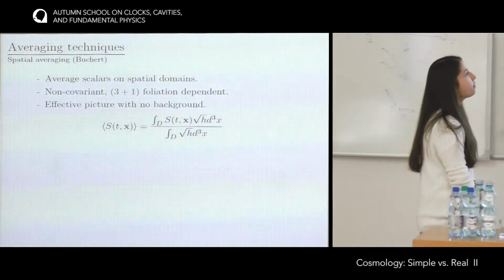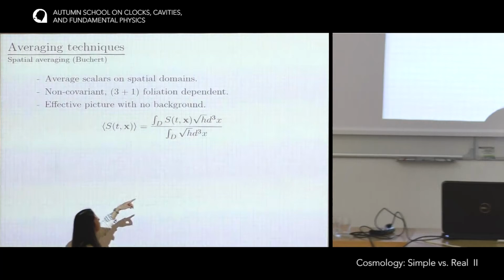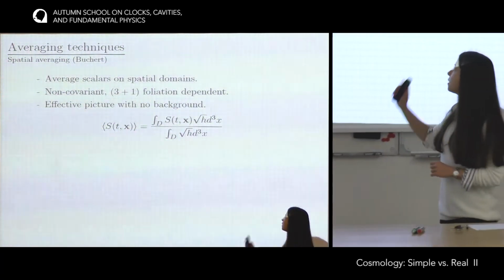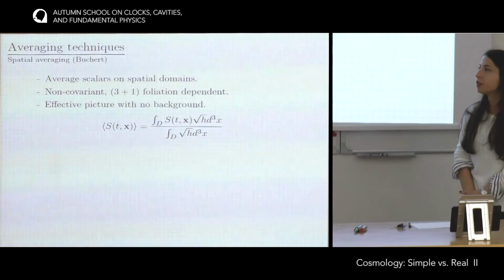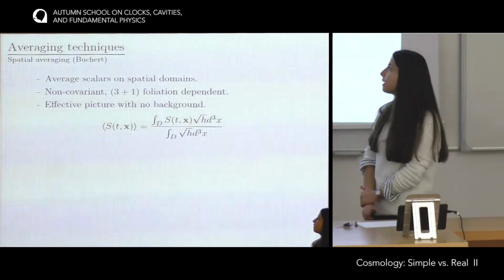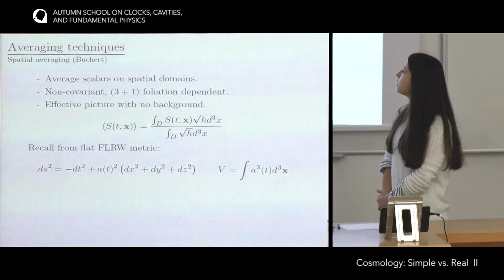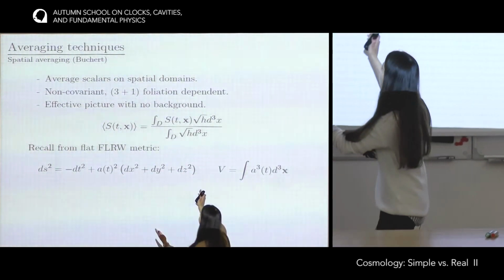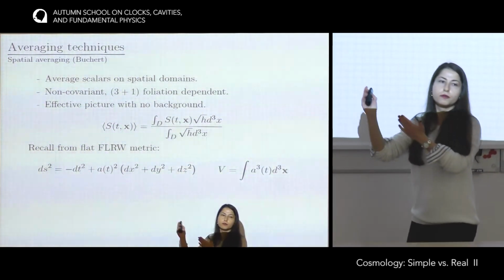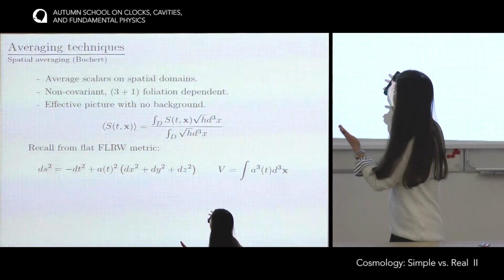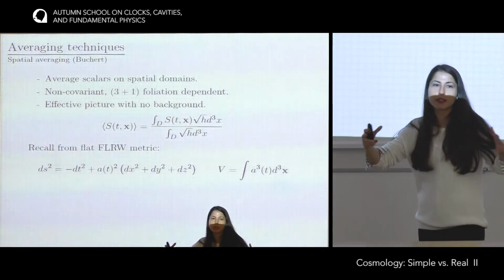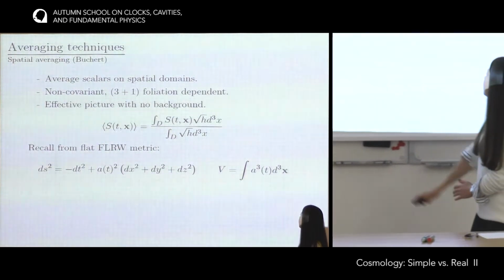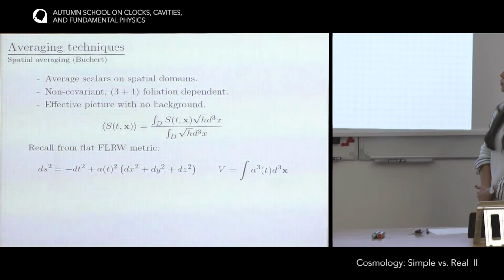So this is how you define the average. The term in the denominator is the three-dimensional volume element, and you basically weigh any scalar in your spatial volume. If you recall the FLRW metric, for the flat case of course, it has Euclidean space regions that are expanding in every direction homogeneously and isotropically, and this is how you define volume.